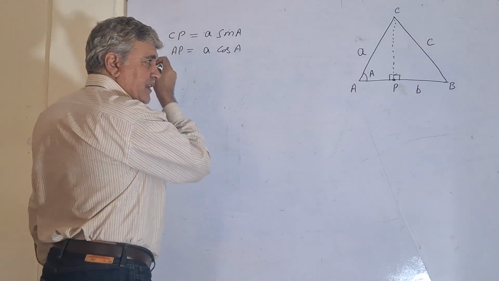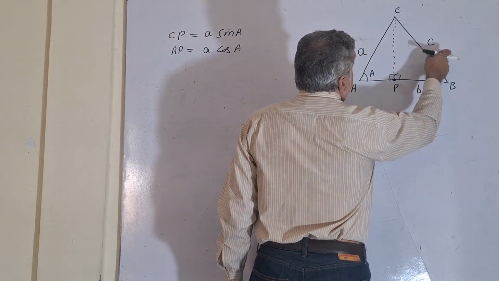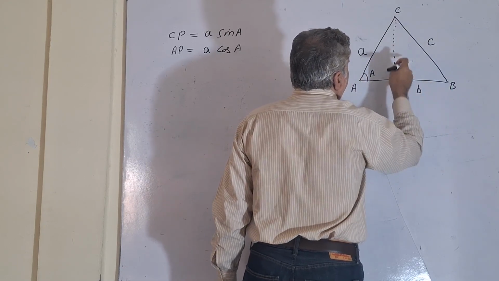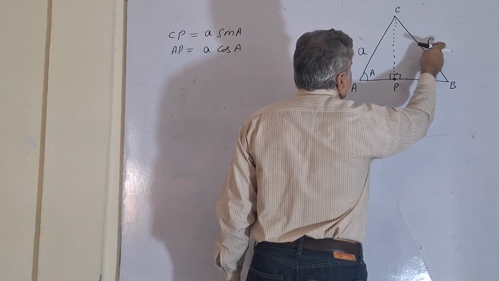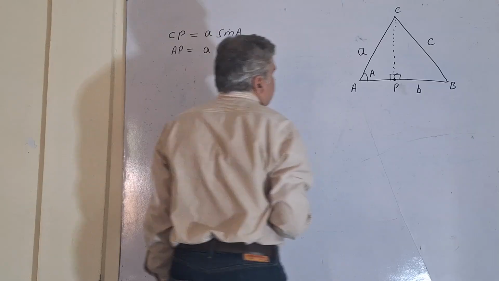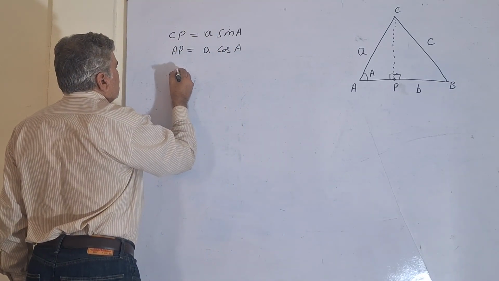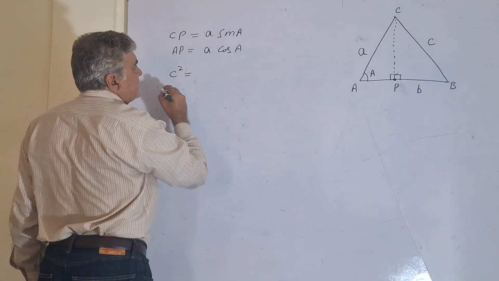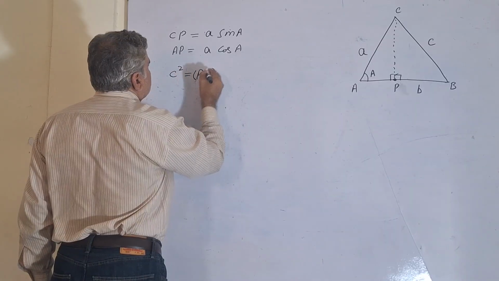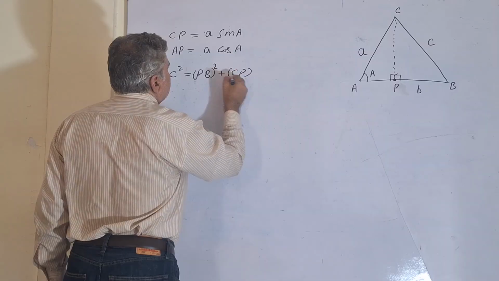Then I can write c squared, since this is the hypotenuse of the right angle triangle PBC. So I can write c squared equals PB squared plus CP squared.